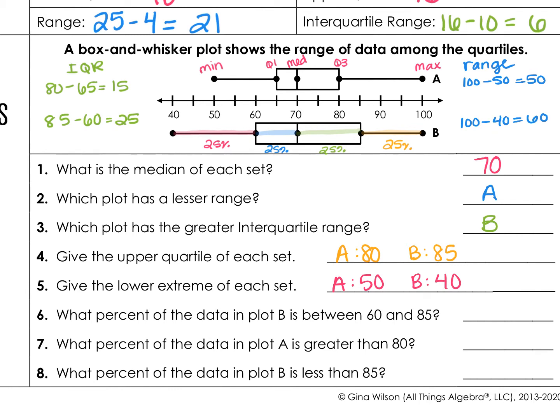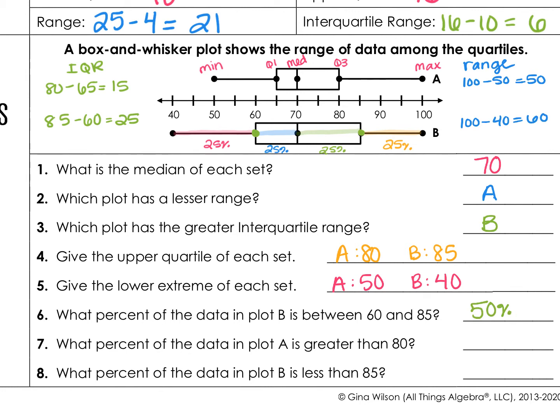The next question asks, what percent of the data in plot B is between 60 and 85? Well, that's two sections of the graph, and each section is 25%. So that's 50% of the data.